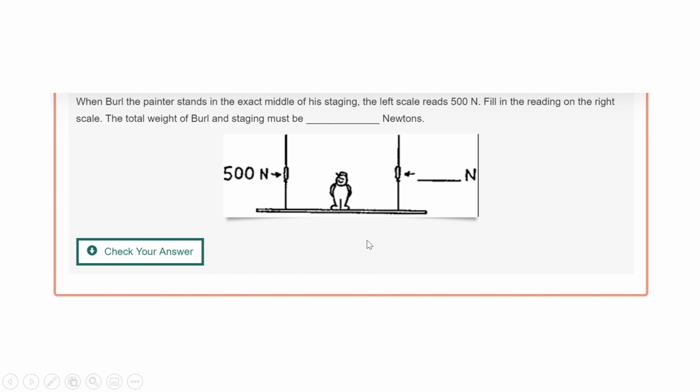Alright, so this is related to what we were talking about in the previous problem. Notice that he is standing right in the middle, which means that the tension or the weight of the person is going to be divided equally on both sides. So if it is 500 newtons on the left, it has to be 500 newtons on the right. That'll be the result for this problem.